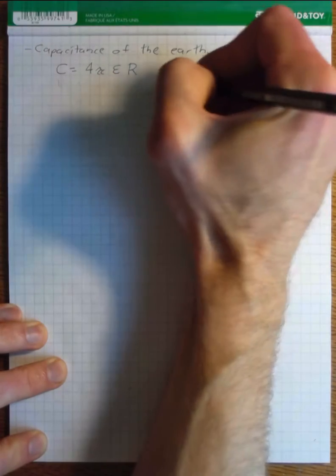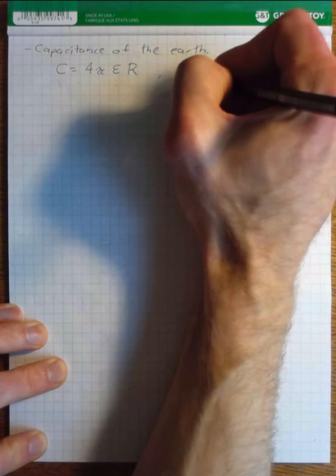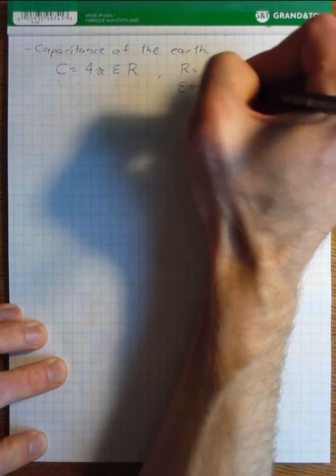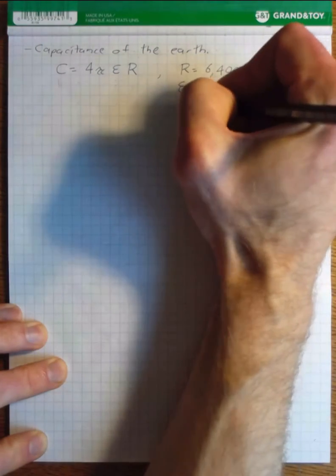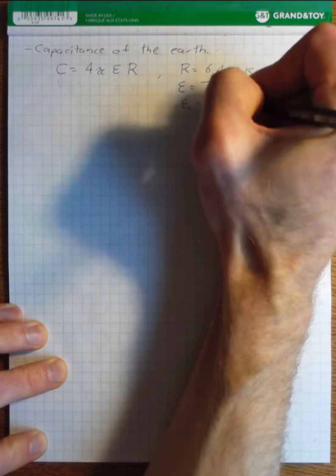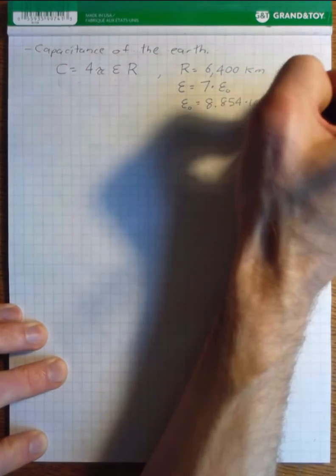The permittivity of Earth is equal to roughly 7 times epsilon naught. Epsilon naught is equal to 8.854 times 10 to the minus 12 farads per meter.